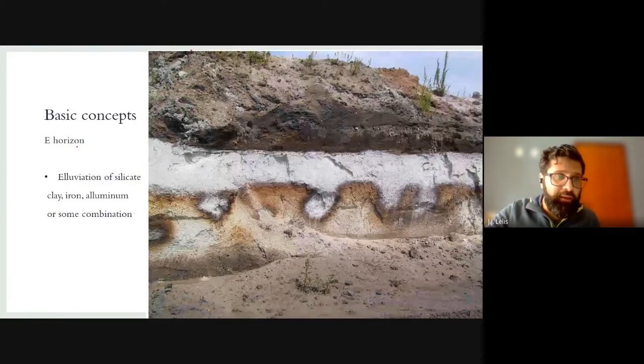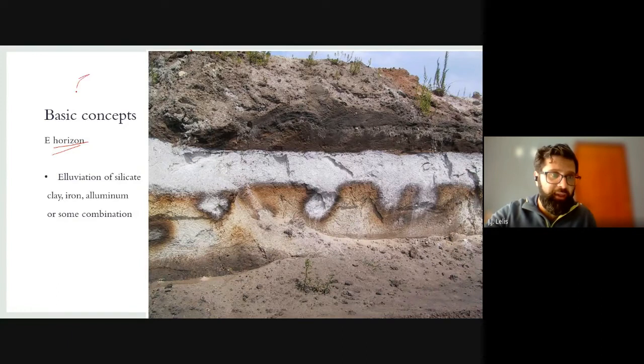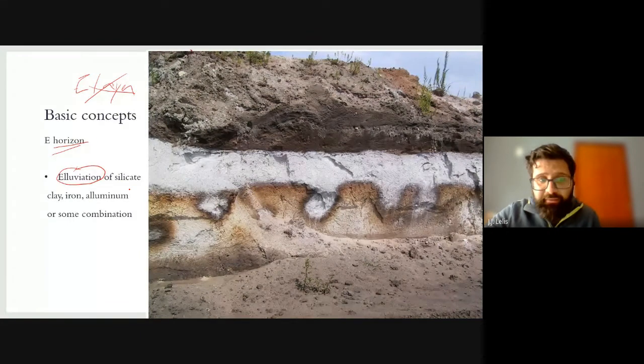An E horizon is a horizon too. We don't have an E layer, can't identify this, okay? An E horizon is formed by eluviation of clays.